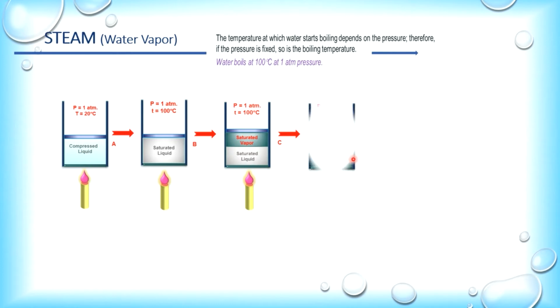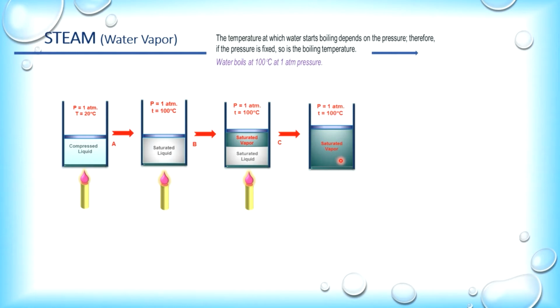So it comes to a stage D, where the pressure still remains constant and the temperature still remains constant until every single drop of water has been changed to steam. At this stage, we call it saturated vapor.